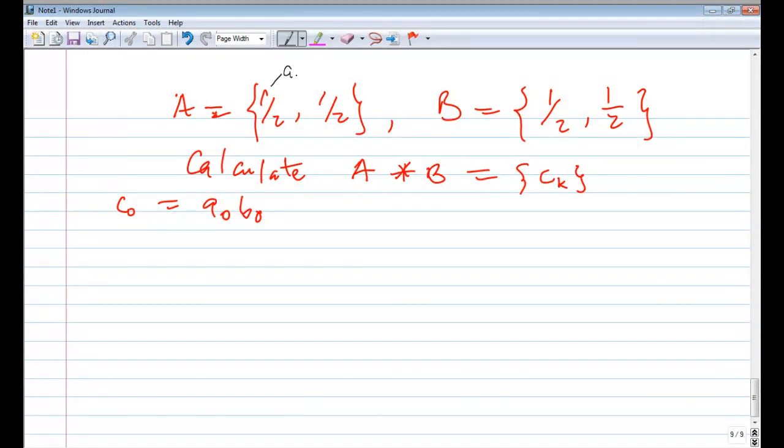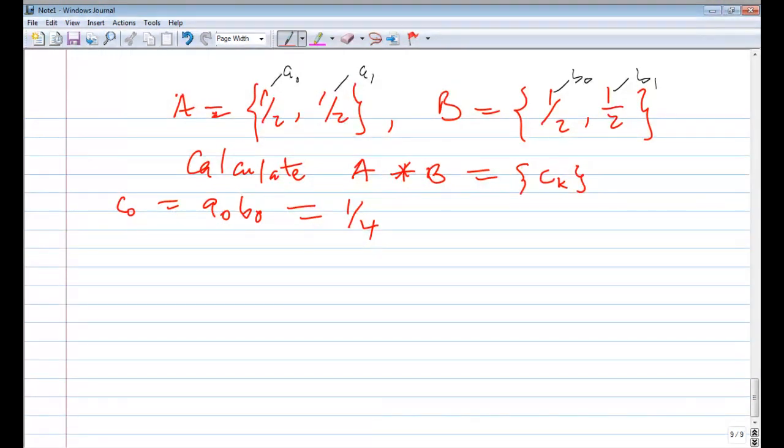This is A0, and this one is A1. This is B0, and this one is B1. So now it's simple, isn't it? So this is equal to A0, which is a half, times B0, which is a half. So the answer is 1 over 4.